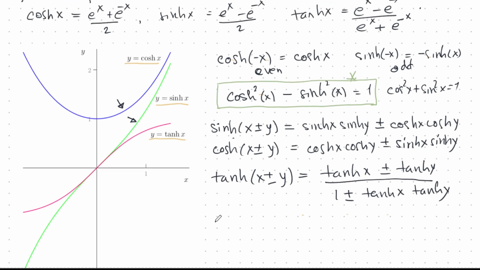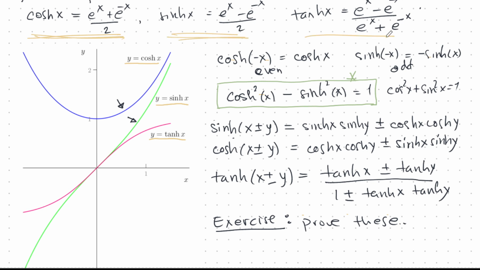And I want to give you an exercise to do, a challenge. And it's to prove all of these. And you say, well, how am I going to prove these things? Well, okay, try this. We have the definitions, cosh, sin h, tan h. We have the definitions for everything.